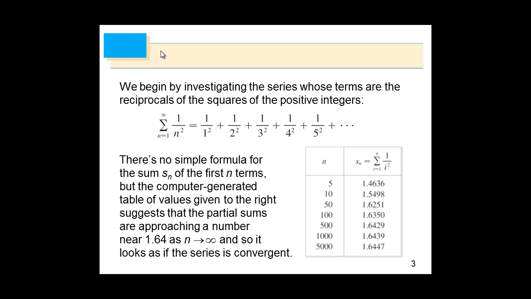And then we took the limit to come up with the sum. But for this series, you cannot come up with a closed form formula for the nth partial sum. And because we cannot come up with that, we cannot just take the limit of the nth partial sum to decide whether the series is convergent. Am I making sense? So what should we do?